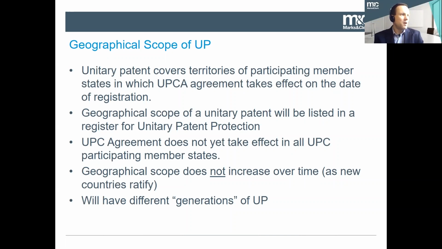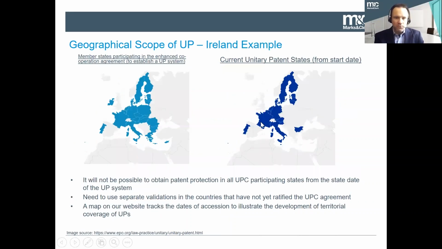We tried to be helpful here and include a map of the territorial coverage. As you can see, this is a map of the participating member states. It's slightly inaccurate in that Poland has actually declared they're not participating, so this should really be gray. But the purpose of this map is to show that there's a difference between participating member states and member states that have ratified.